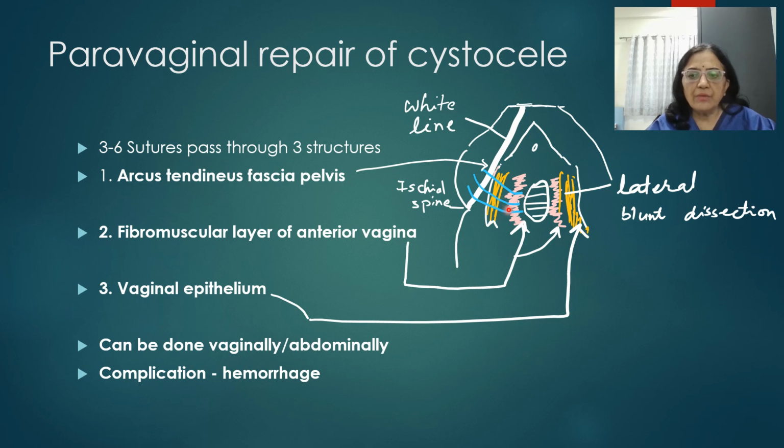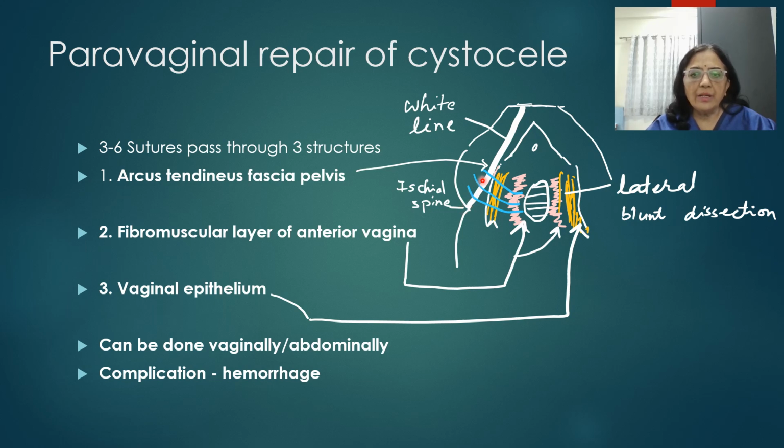What needs to be done, and why technically it is a challenging procedure, is when we separate the vaginal epithelium from the underlying fibromuscular connective tissue layer of the anterior vaginal wall, we need to go too laterally. We need to do the blunt dissection with the finger till we can palpate the ischial spine.